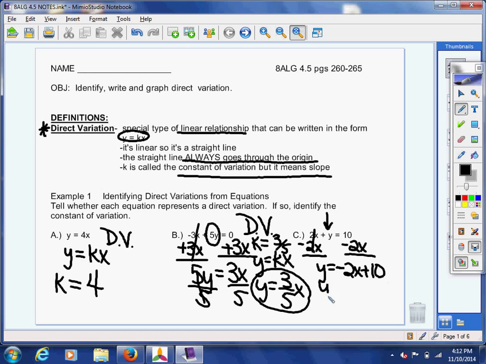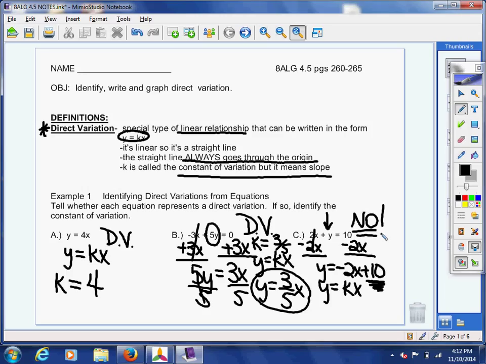Now let's match it up. Is it in the format y equals kx? Now, I see kind of an extra thing hanging off the end here. Do you see that plus 10 that's hanging off the end? That shouldn't be there if it's a direct variation. And so we would say no to this one. This is one where we would definitely say that's not a direct variation.